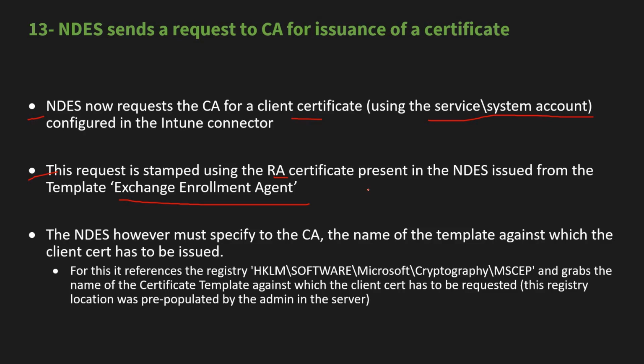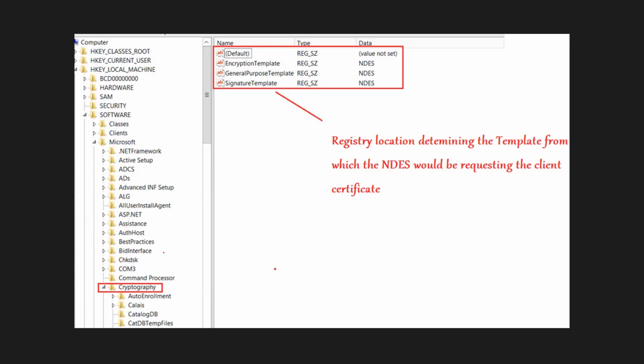And where does the NDES get the name of that template? It gets it from this registry, which is HKLM Software Microsoft Cryptography MSCEP. So if we browse to this registry, over here, there are these three entries. The admin has to pre-populate this entry.